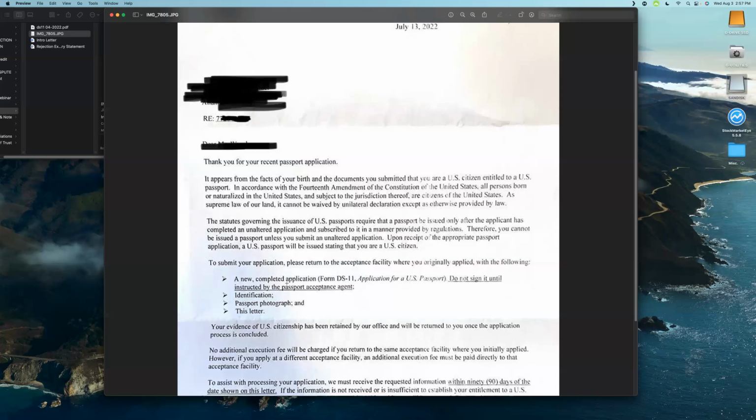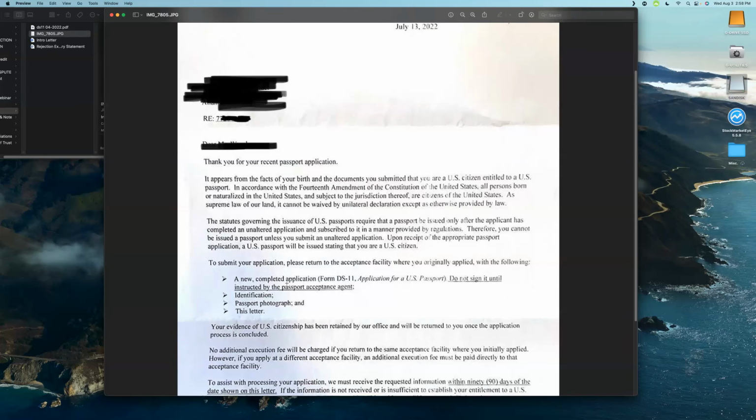Go to the clerk of court to turn in your passport application so that you can receive their seal on your application. I would also recommend that you pay for expedite services. Pay the additional fee, I believe it's $60 or maybe more, so that you can get approved quickly.